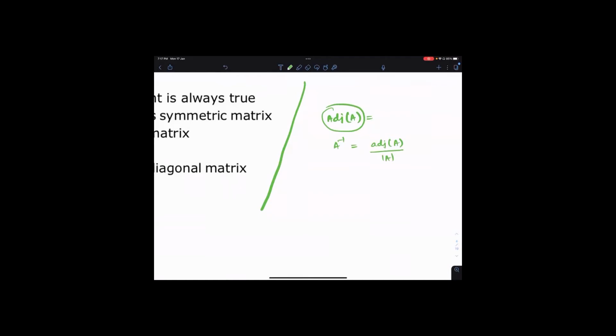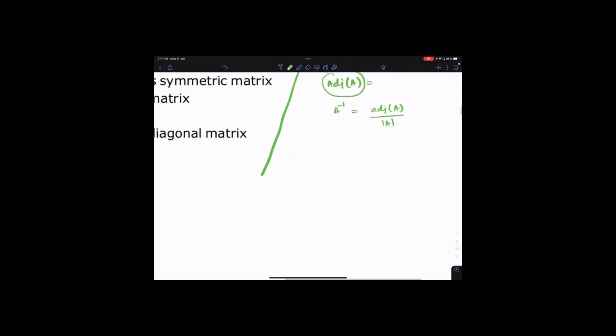Now there are some important rules in adjoint. First rule: the adjoint of any matrix A is det A times A inverse. You understand that, right? I'm just bringing the determinant to the left side.